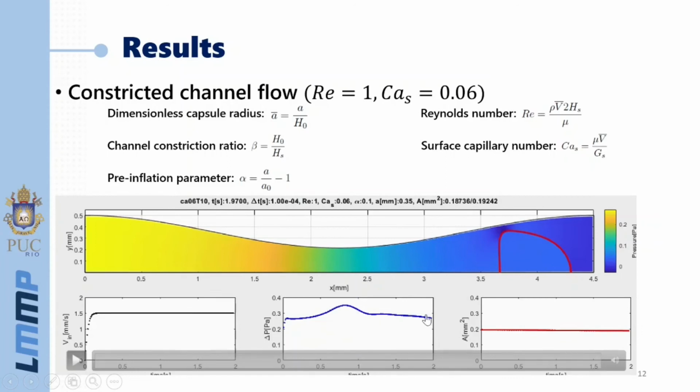Pressure increases until it reaches its maximum when the capsule is close to the constriction. The pressure peak is of paramount importance to our study. The third plot is the area of the region contained by the membrane. We look at it because for some cases with lower surface capillary number, there is a slight variation of A.